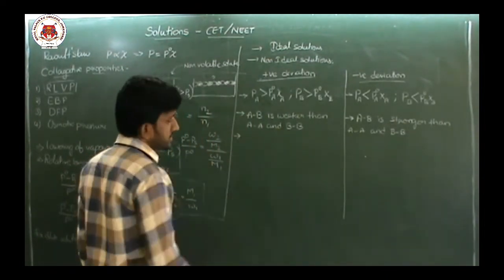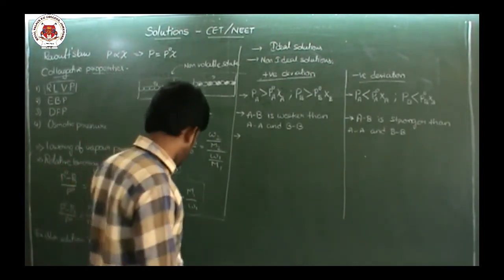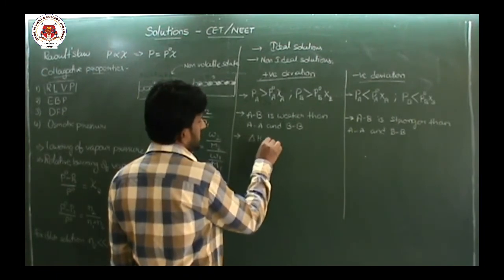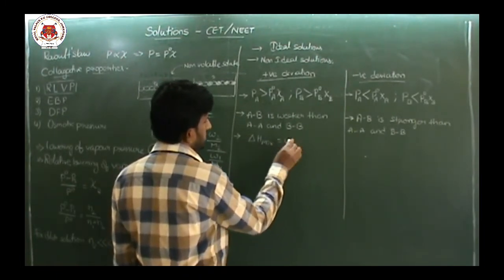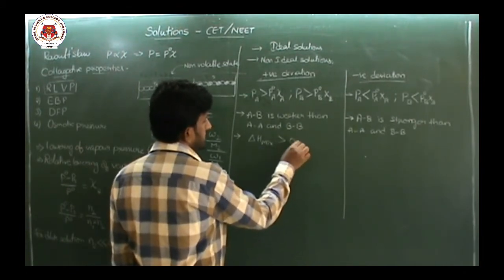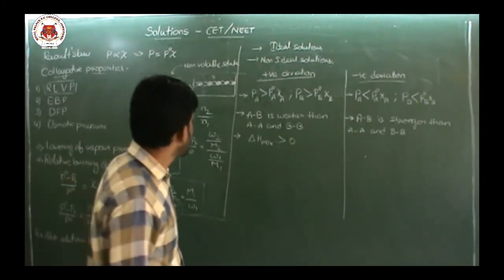Then some other features of ideal solutions, positive deviation and negative deviation. Here delta H mixing, the change in enthalpy of mixing, is zero. Here delta H mixing is greater than zero, endothermic, positive deviation.